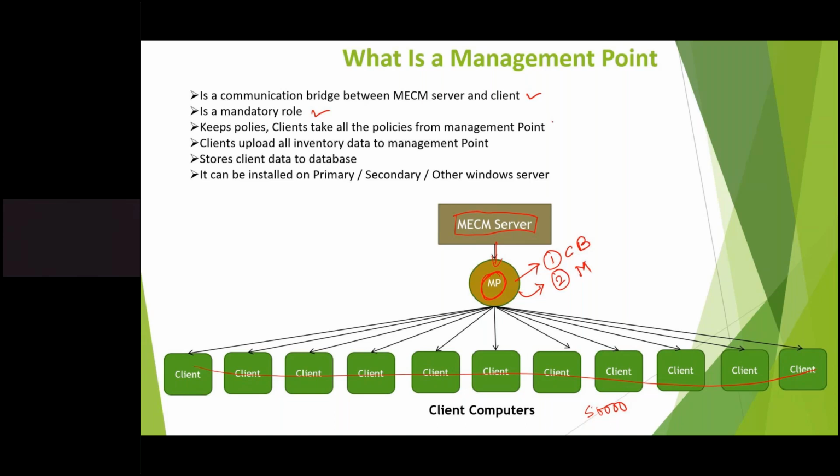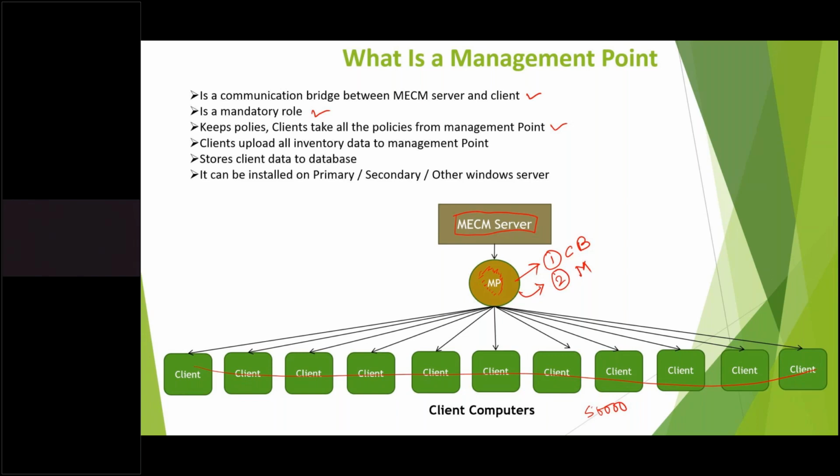Now, what will happen when we have a management point? The management point is going to supply the policy to the devices. Policies mean instructions. Suppose I have to install an application on 10,000 machines, that is a policy. I have to deploy Firefox to all the computers in Mumbai. I need to install Google Chrome on all the machines in the HR team. I have to deploy updates.